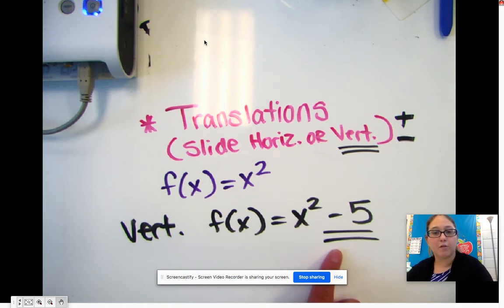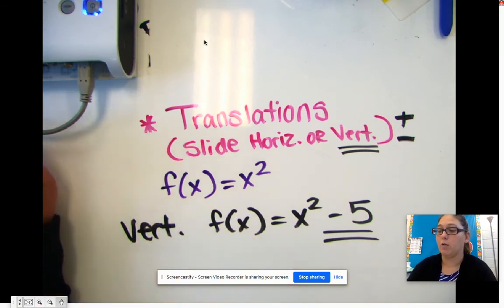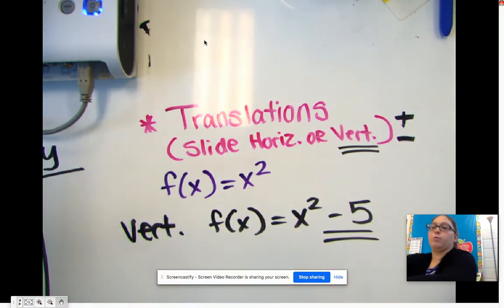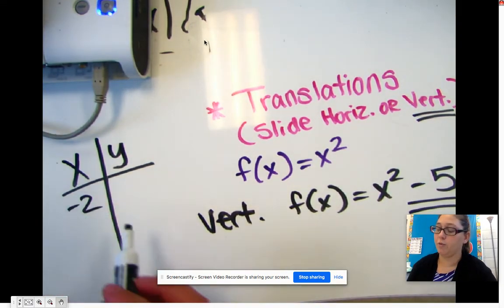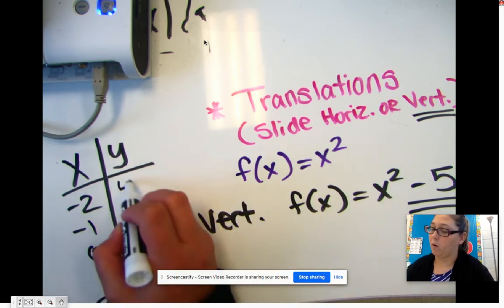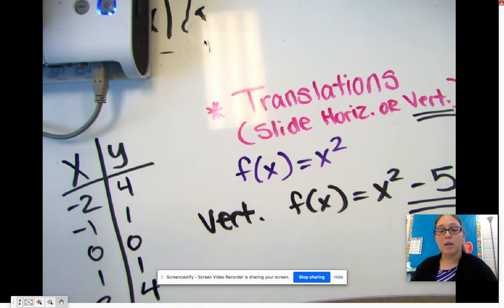So what does that do for my table? Well, remember the table for the parent function in the first video, right? We used -2, -1, 0, 1, and 2. And so we got 4, 1, 0, 1, 4, right? Now I'm subtracting 5 from just the y values, okay?